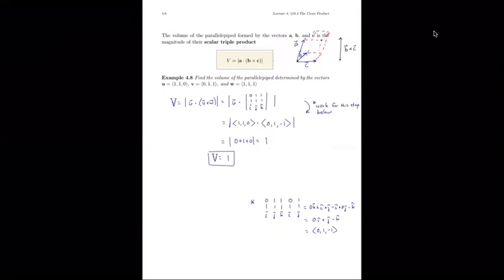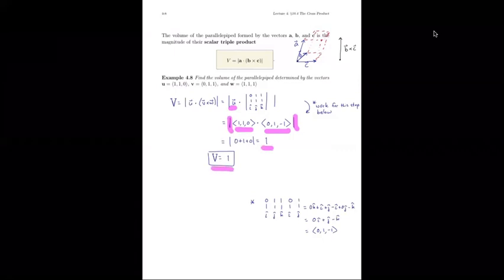So if we're given three vectors U, V, and W, and we're asked to find the volume of the parallelepiped formed by these vectors, well, it doesn't matter who's who, but we'll set it up as U dotted with V cross W. Here's V cross W as a matrix. We'll find the determinant of that. The result of that is this vector, and we dot that with the vector U, taking the absolute value at the end of it all, and we end up with 1.